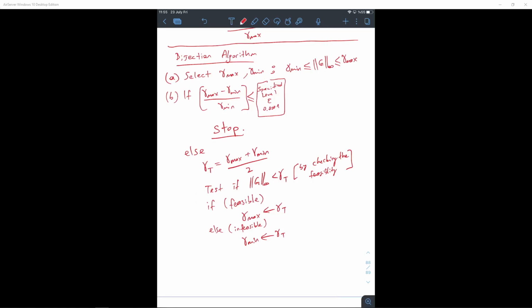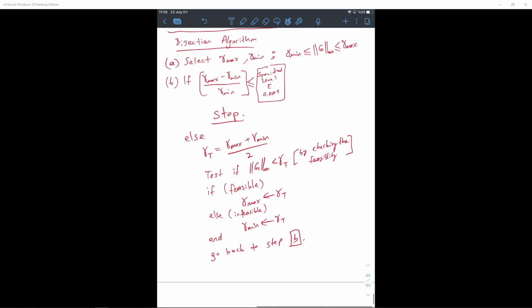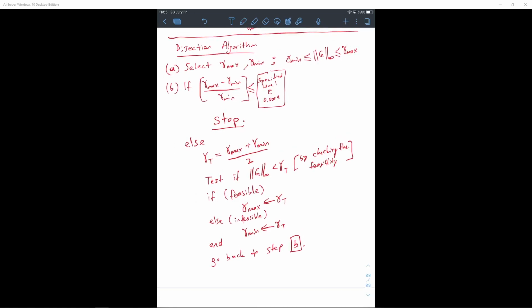Alright, considering this if condition, go back to step B. Or rather, we could also write a while statement, so I really want to write this one more time.